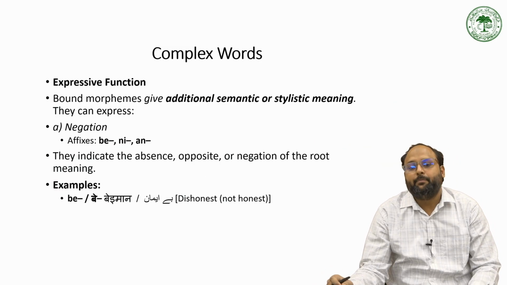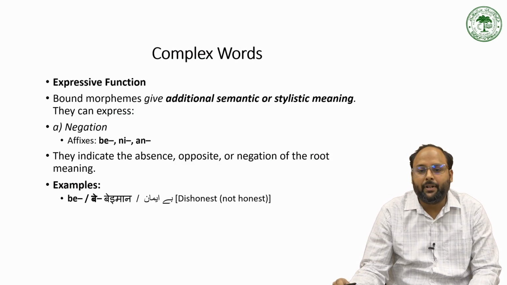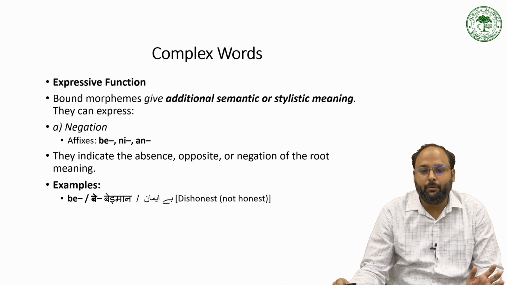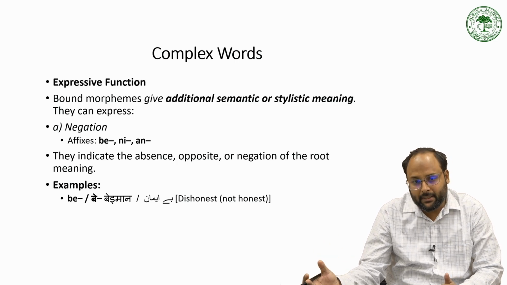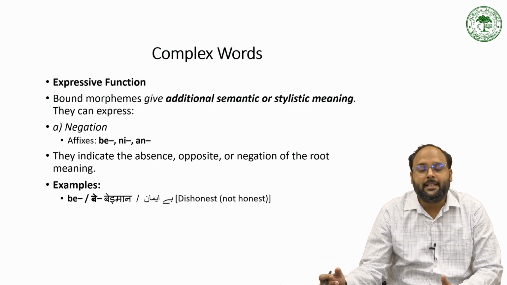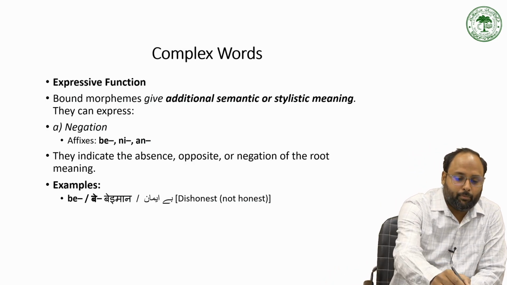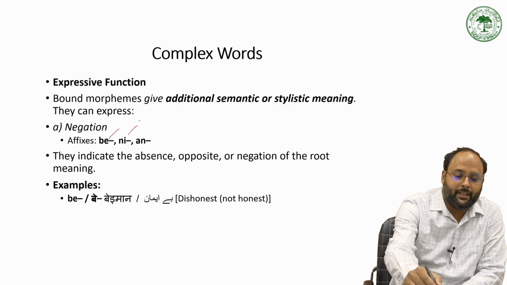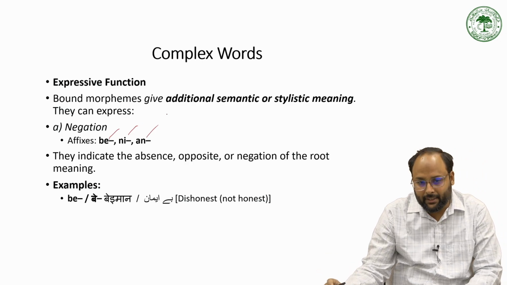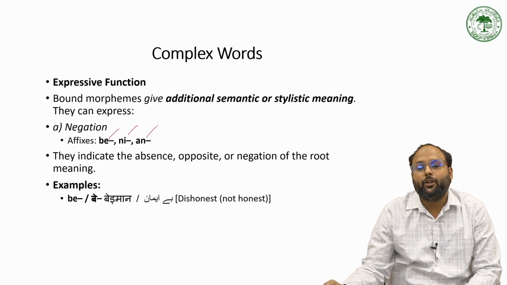Now we come to the expressive function, meaning they have different types of function when we create a complex word by combining free morphemes and bond morphemes. The bond morpheme gives the expression or function of additional semantics or stylistic meaning. The affixes be in Urdu, ni in Urdu and Hindi, and an in Urdu and Hindi can create the function of negation.